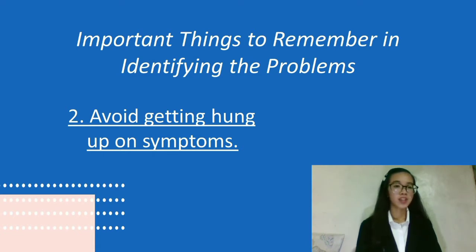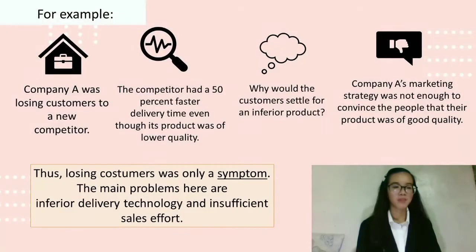So let us go back to the example given earlier. As stated, Company A was losing customers to a new competitor. Upon analysis, it was determined that the competitor had a 50% faster delivery time, even though its product was of lower quality. Then the managers of Company A couldn't understand why a customer would settle for an inferior product. It turns out that Company A's marketing strategy was not enough to convince people that their product was of better quality than their competitor's.